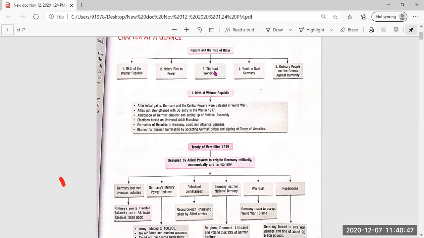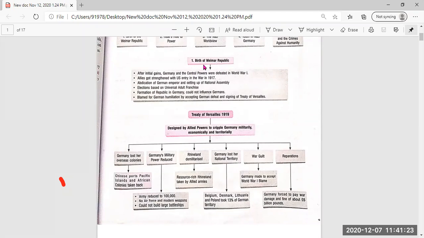Now in this we have read about the birth of the Weimar Republic, Hitler's rise to power, the Nazi worldview, what was the worldview of the Nazi group, plus youth in Germany when Nazis were in power, and the ordinary people, and the crimes against humanity, what all crimes were done against humanity when Nazism came into power in Germany.